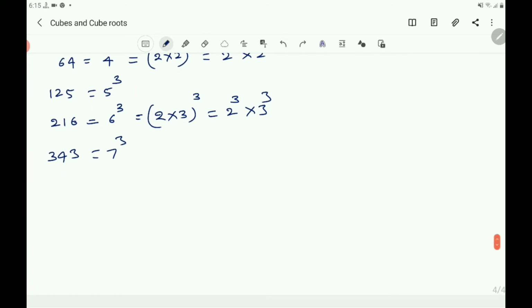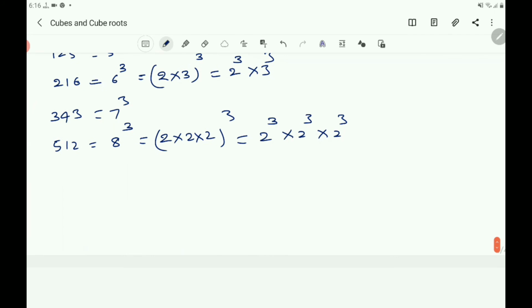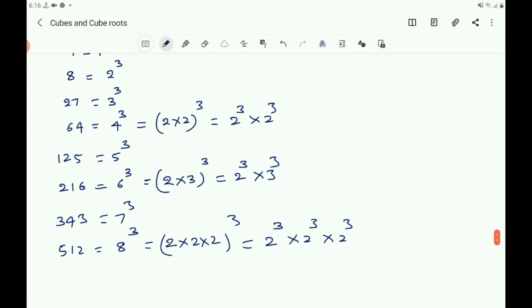And next 512, that is 8 cube. 8 is not a prime number, but it is a product of 2 into 2 into 2, so you can write it as 2 cube into 2 cube into 2 cube. Similarly, you can express each cube number as a product of cubes of the prime numbers.